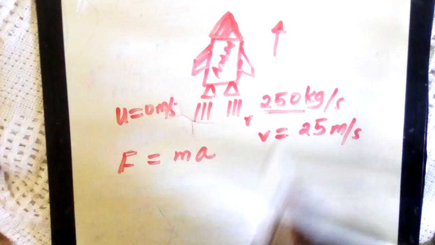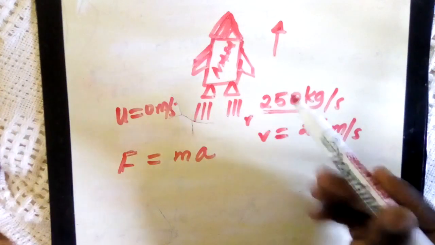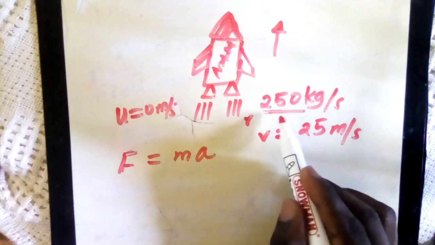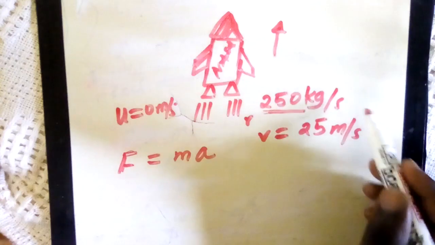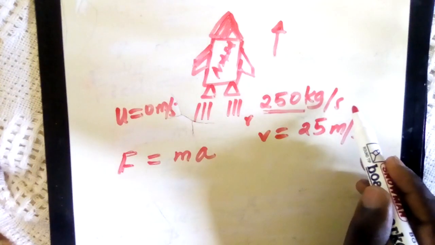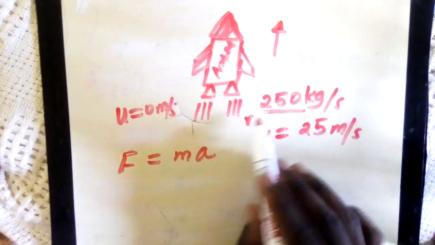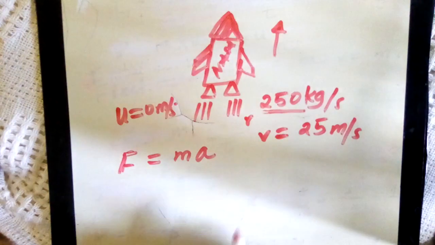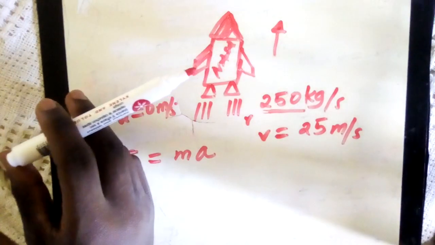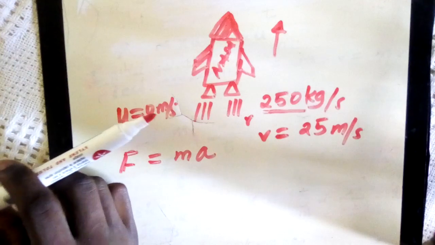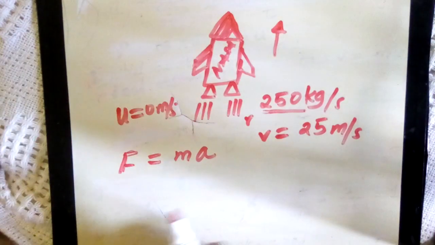The gas from the nozzles is expelled at the rate of 250 kilograms every second. That means every second 250 kilograms of gases are expelled from the rocket tank. Basically there's a mix of oxygen and hydrogen in the combustion chamber of this rocket.